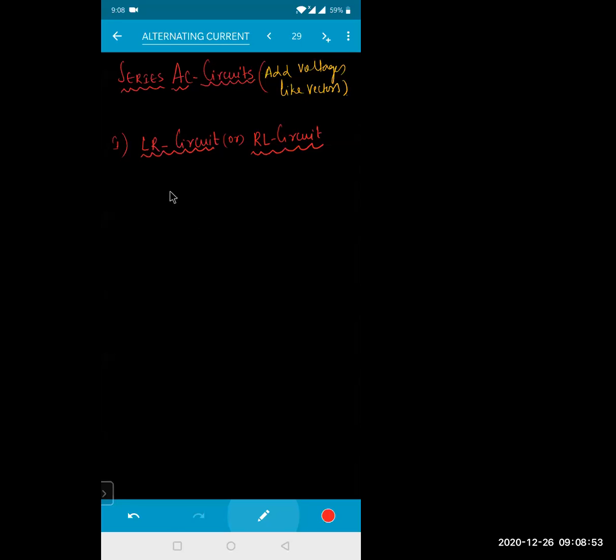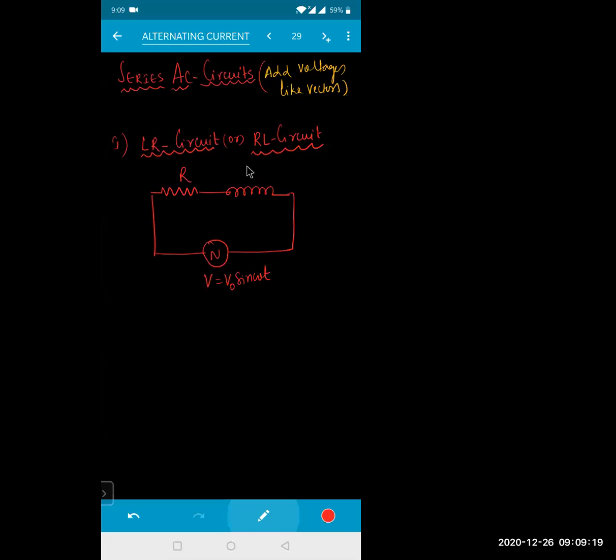That means in this there is a resistor and also an inductor. Both of them are in series. Both are connected to an alternating source of EMF, that is V equals V naught sine omega t.